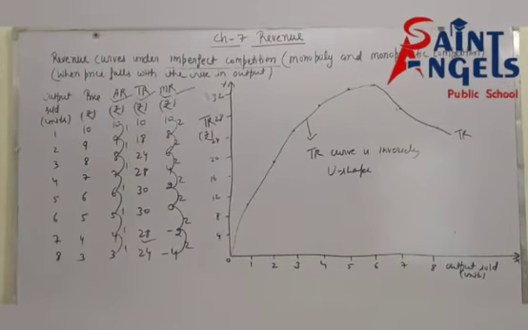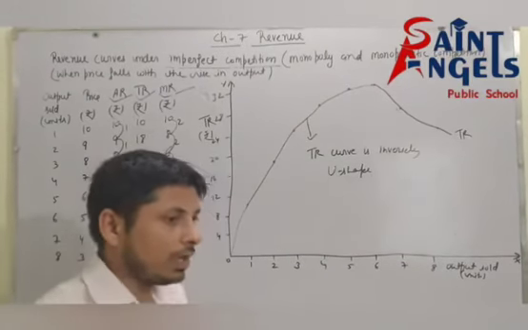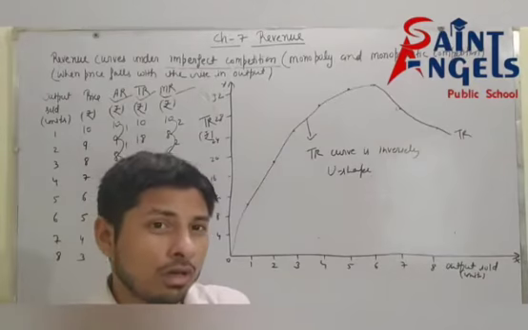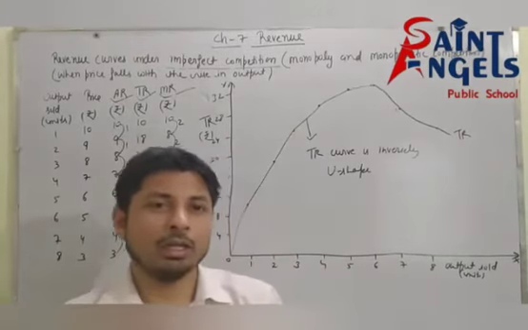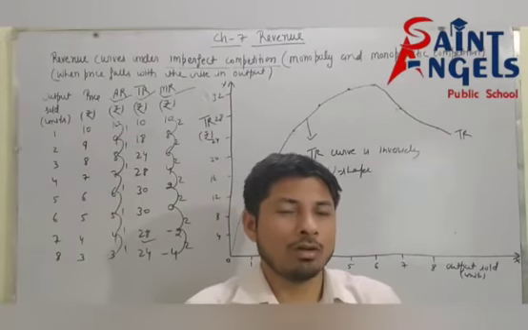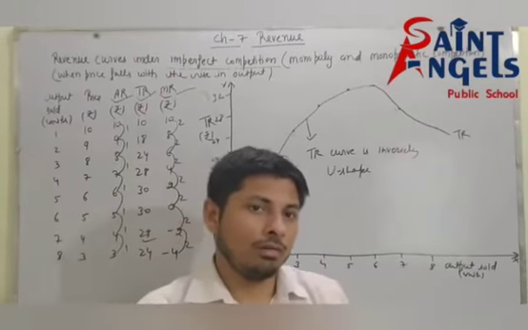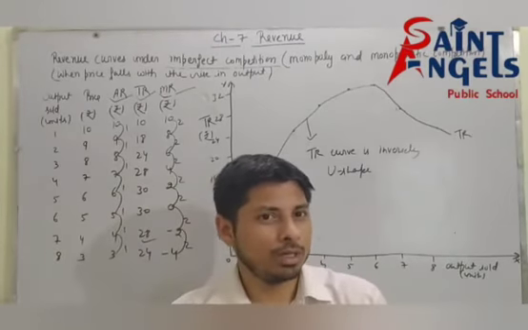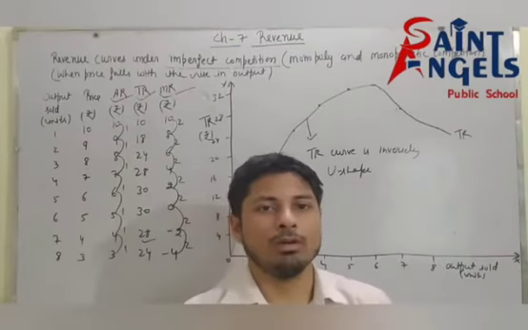So I hope all of you have understood. We have discussed revenue curves under a perfect competition market and revenue curves under an imperfect competition market. Now we are going to compare them.